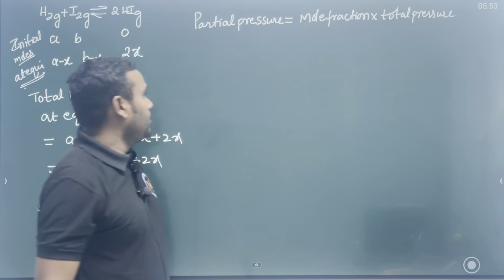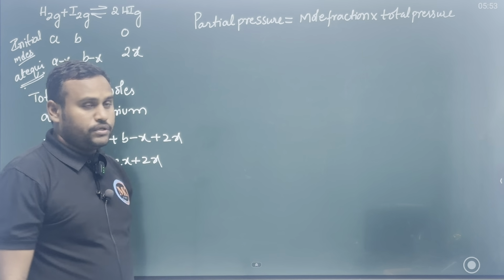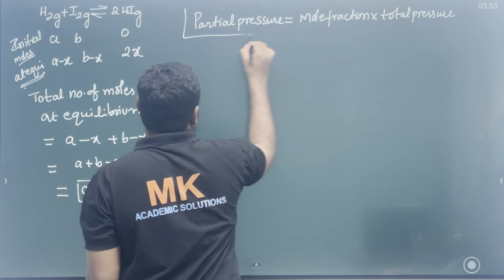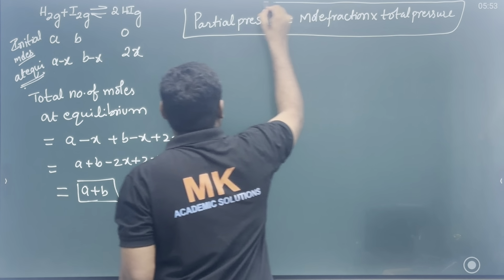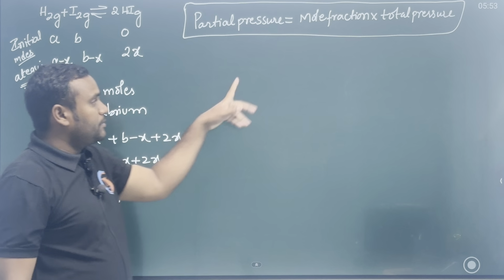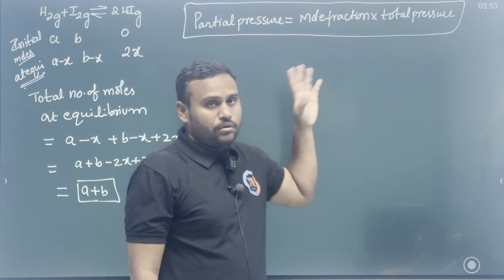According to Dalton's law, partial pressure is equal to mole fraction into total pressure. So in the same manner we are going to follow here. So keep this formula in mind: according to Dalton's law, partial pressure is equal to mole fraction into total pressure.